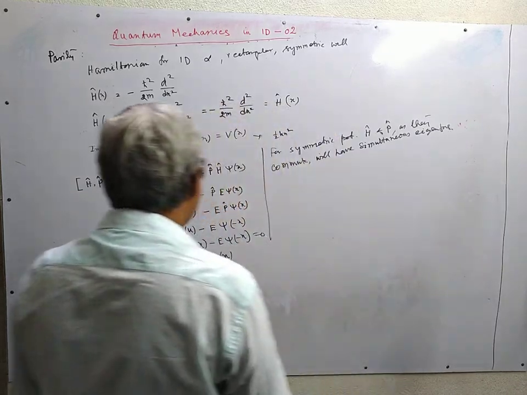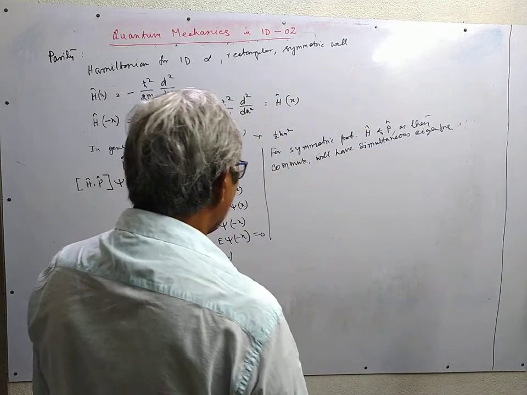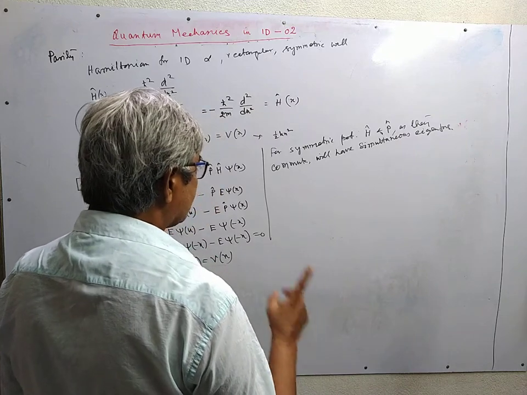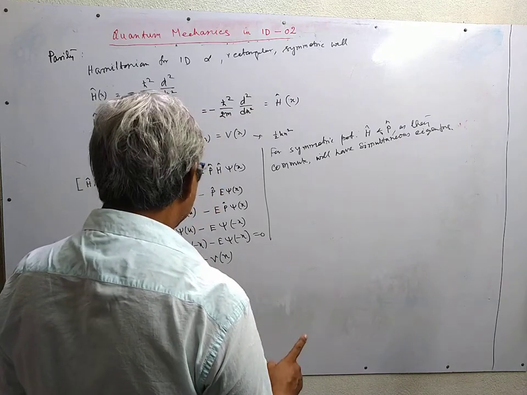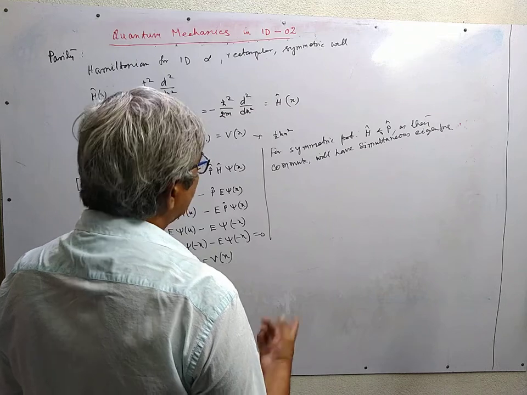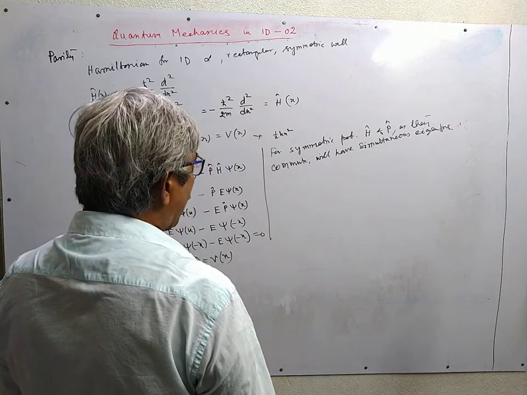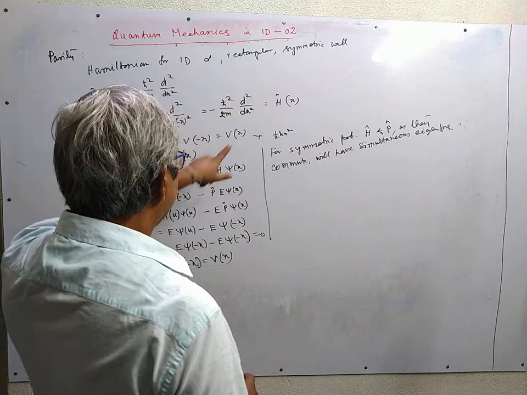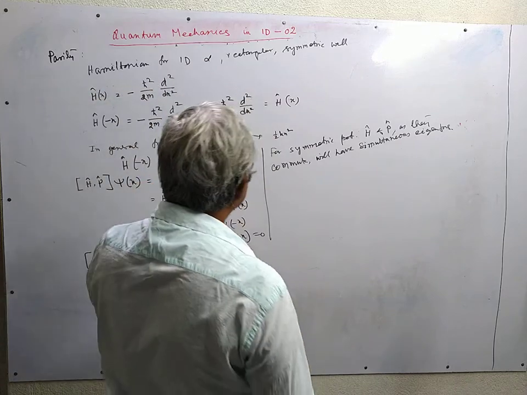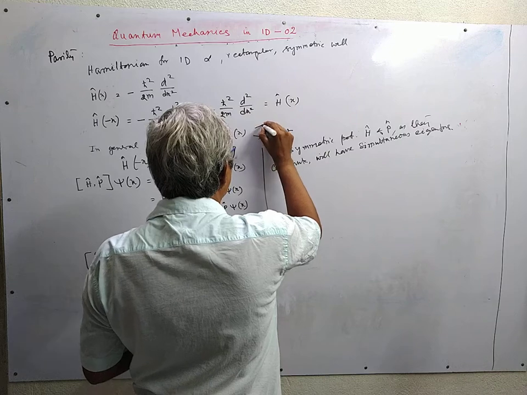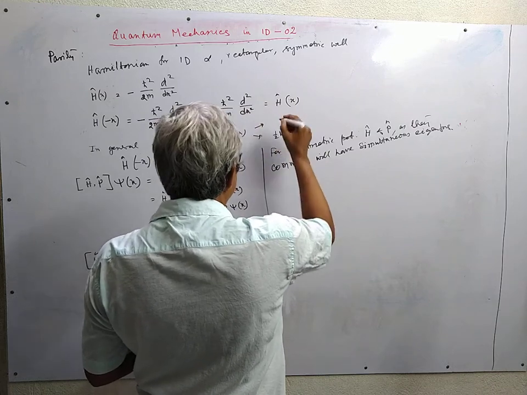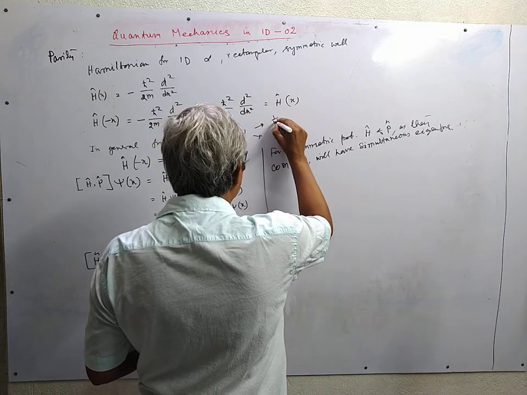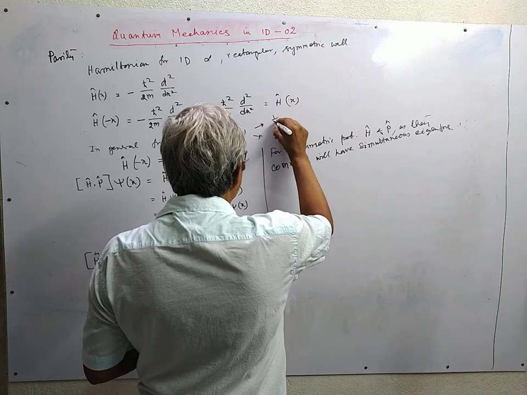Such a thing will continue all along quantum mechanics. When the potential is symmetric, the solution will have a definite parity. Another very famous example that I forgot to mention is the Coulomb potential, 1 by r potential.